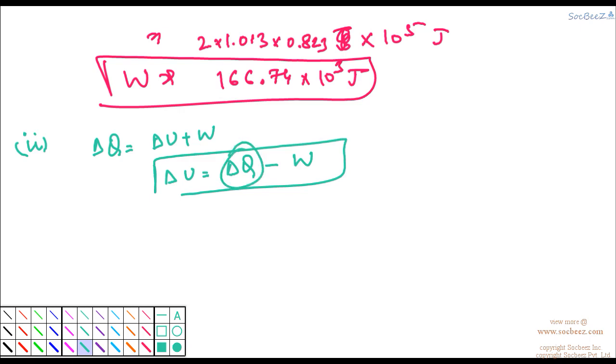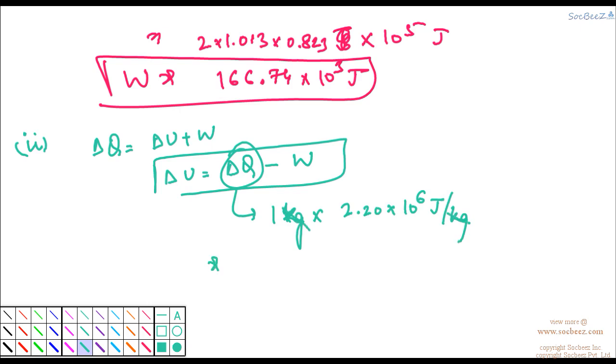The amount of heat given from outside was the heat of vaporization times the mass. The mass is given to be 1 kg only. So this is 1 kg into the heat of vaporization, that was 2.20 into 10 raised to power 6 joules per kg.